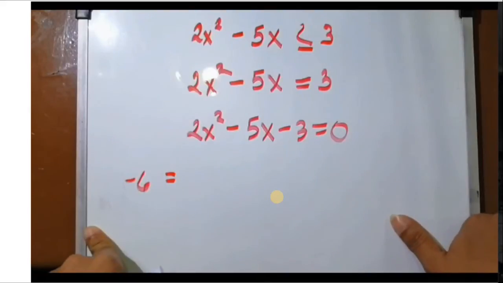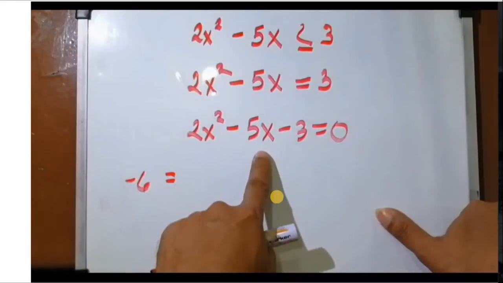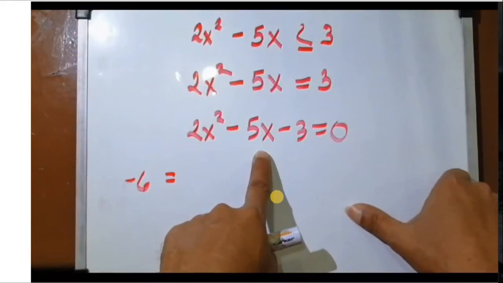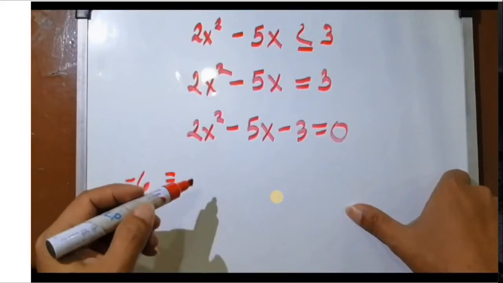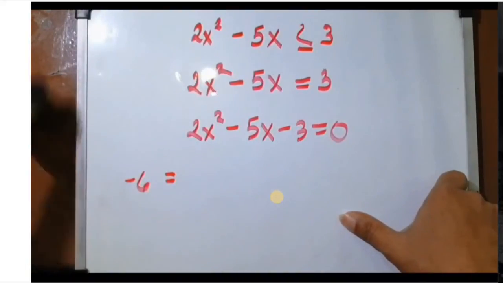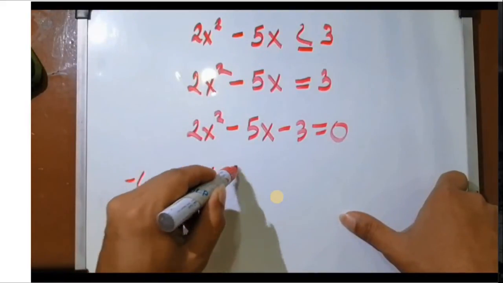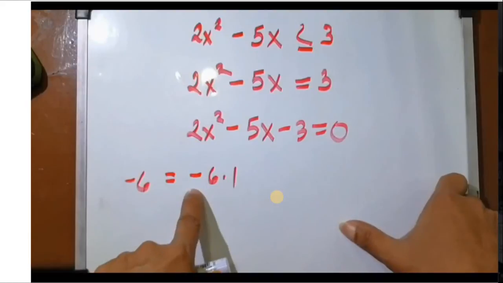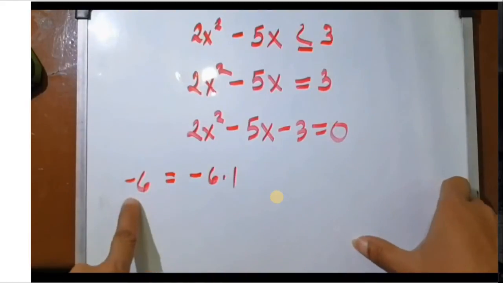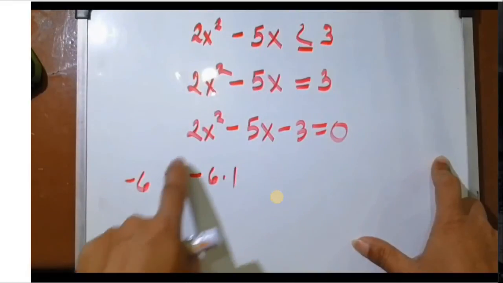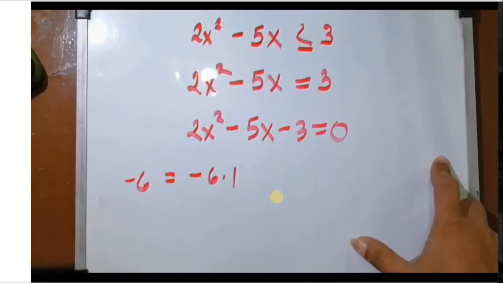Okay? Ano yung dalawang number na pag minag-multiply natin, dapat ito makukuha natin. Okay? So, ano ba yun? Try natin yung negative 6 and 1. So negative 6 times 1 is negative 6. Negative 6 plus 1 is negative 5. So therefore, our factor is negative 6 and 1. Okay?